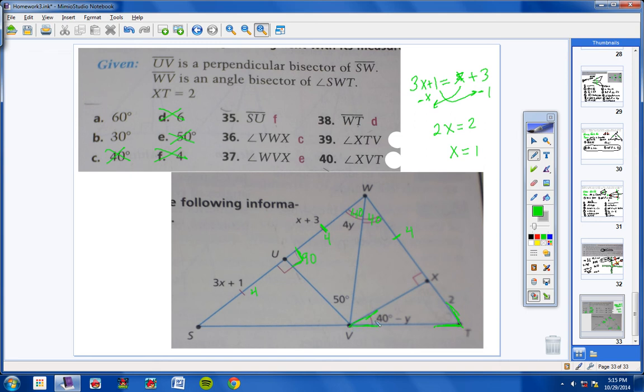Well, students, look, there's only two answers left, 60 and 30. And it's very obvious which angle's bigger. So this angle here would have to be the 60 degrees, and this angle here would have to be the 30 degrees.